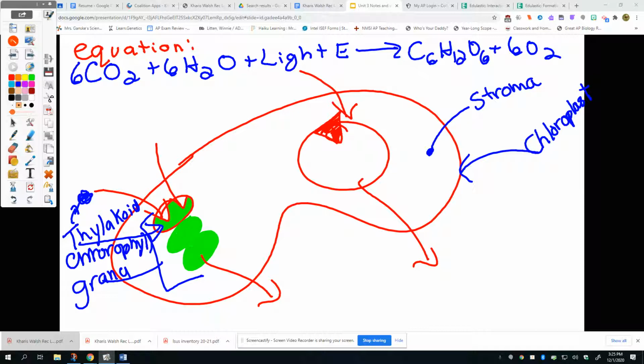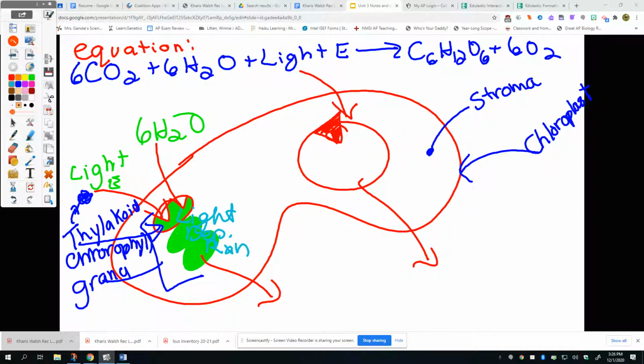All right, now let's talk about the actual reaction. What goes into the thylakoid? One thing that goes in is light energy, and the other is water, 6 molecules of water, in fact. And those molecules go into the thylakoid for the light dependent reaction.